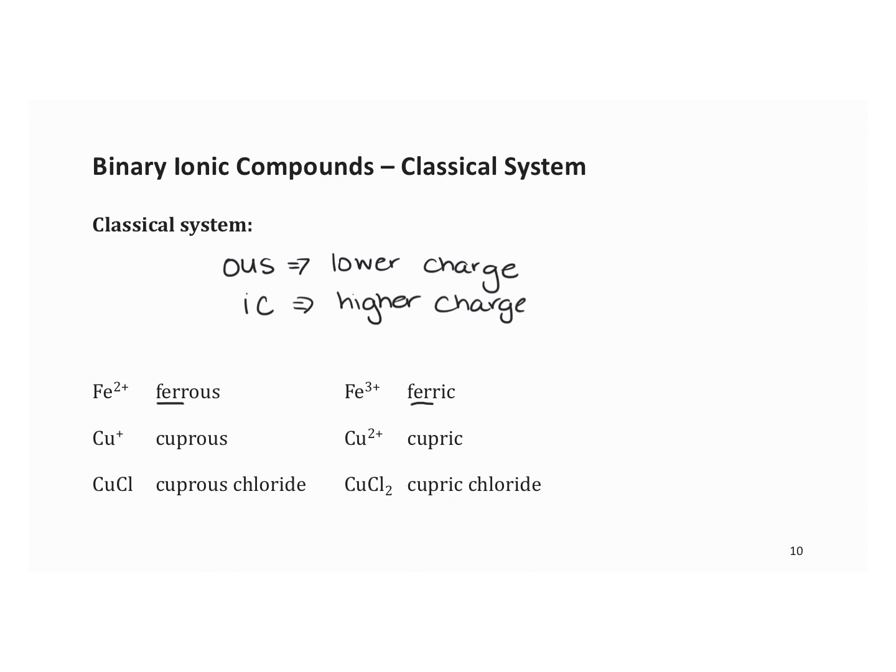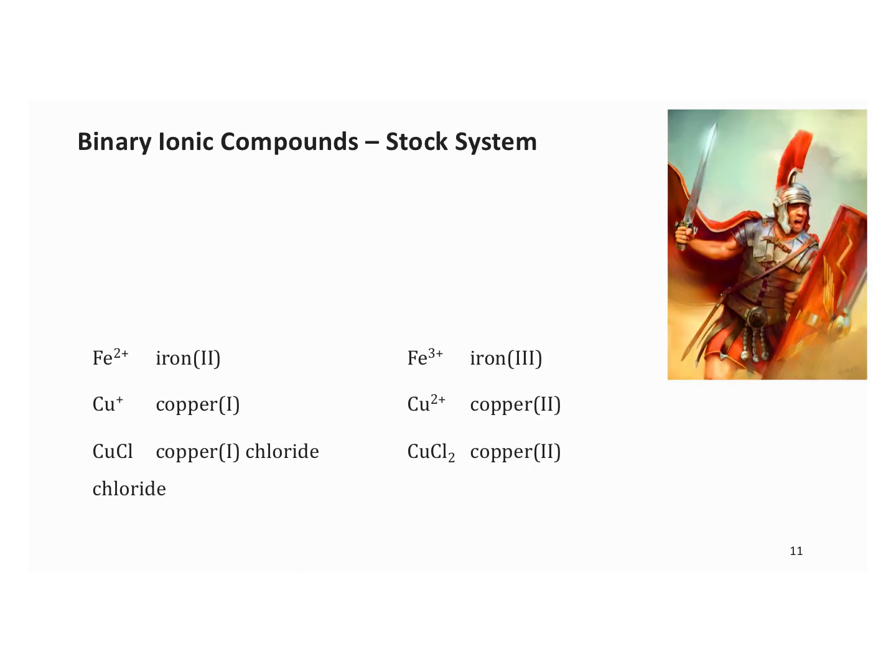For a lot of reasons, the fact that people easily got these confused, there is another system which is called the stock system. It's the system that I personally prefer.